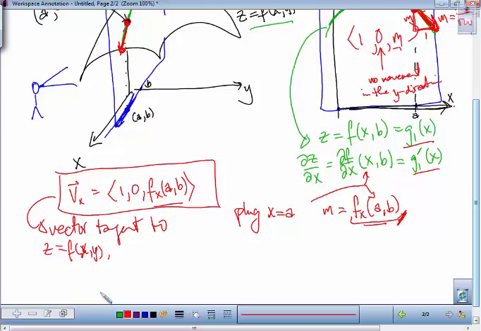That's all we really need to know, but our additional information is the vector tangent to the surface at (a, b, f(a, b)), and it's going in the x direction.